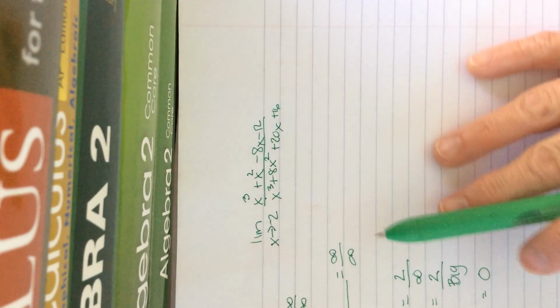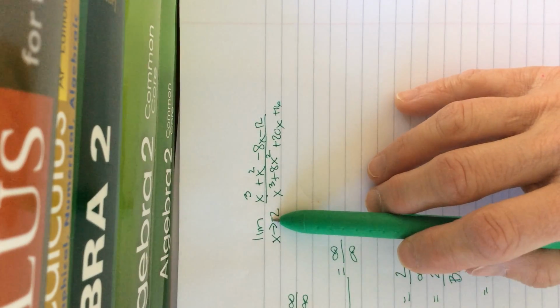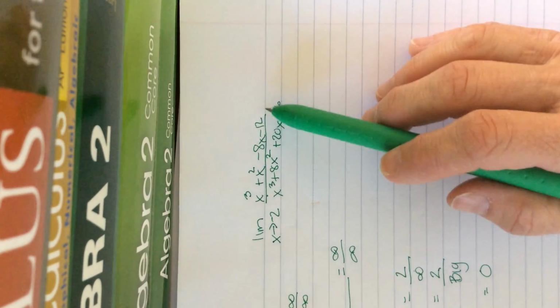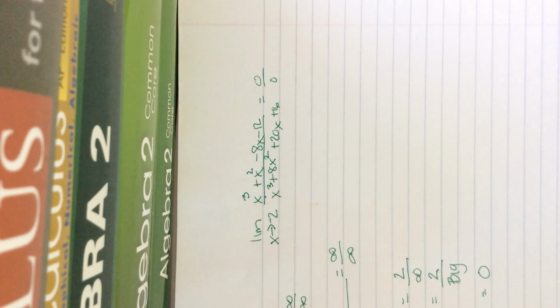Okay, so if you will take my word for it, when we substitute -2 everywhere, we're going to end up with 0 over 0.